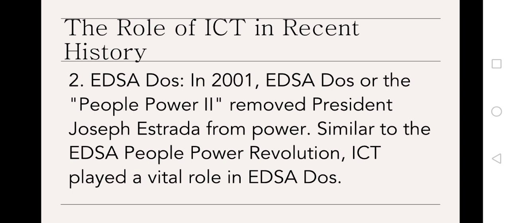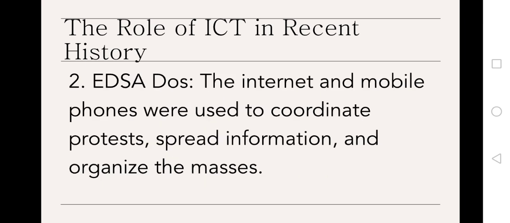So the next event is EDSA DOS. EDSA DOS is also called People Power 2, which happened in 2001. Similar to the earlier version, its purpose was to overthrow or remove President Joseph Estrada from the presidency. So what was the role of ICT here?